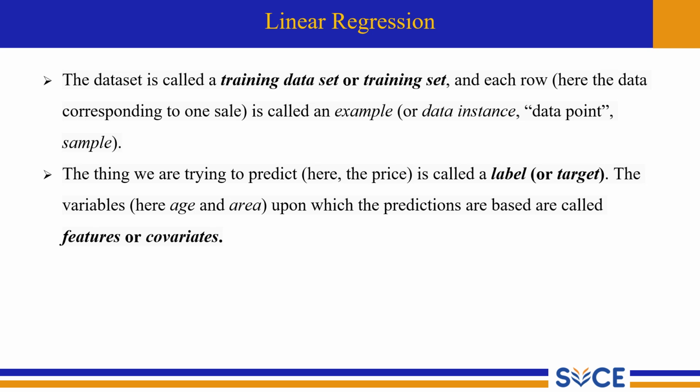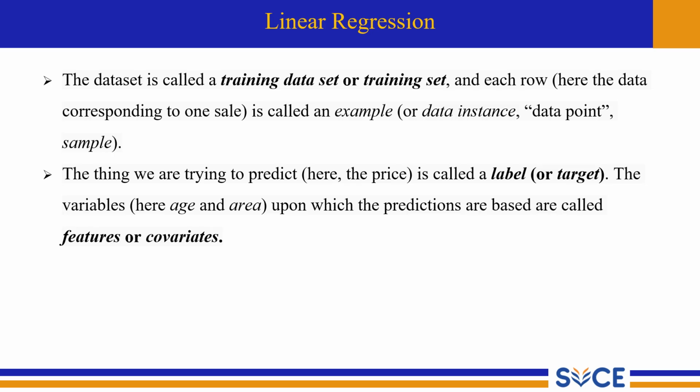The value we aim to predict for an instance, such as the price of the house, is known as the label or target. The variables used to make this prediction, such as age or area in this case, are known as features or covariates.